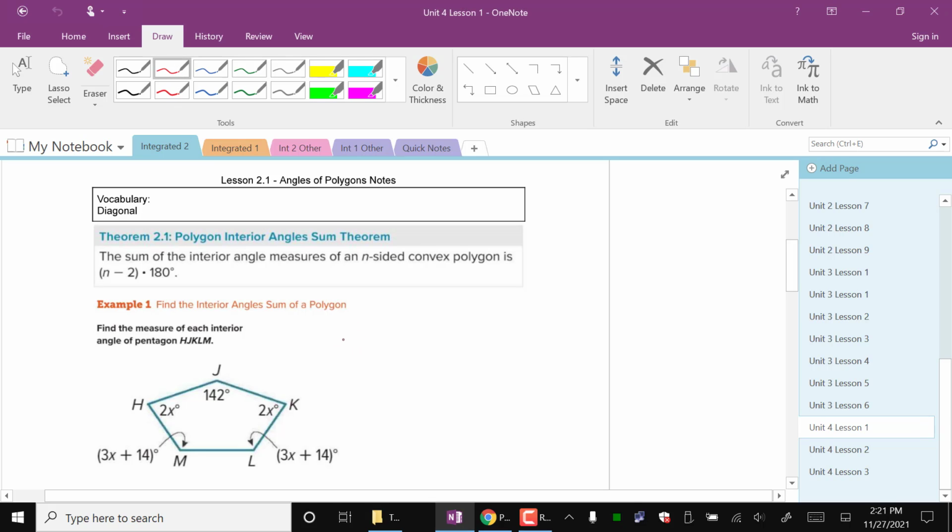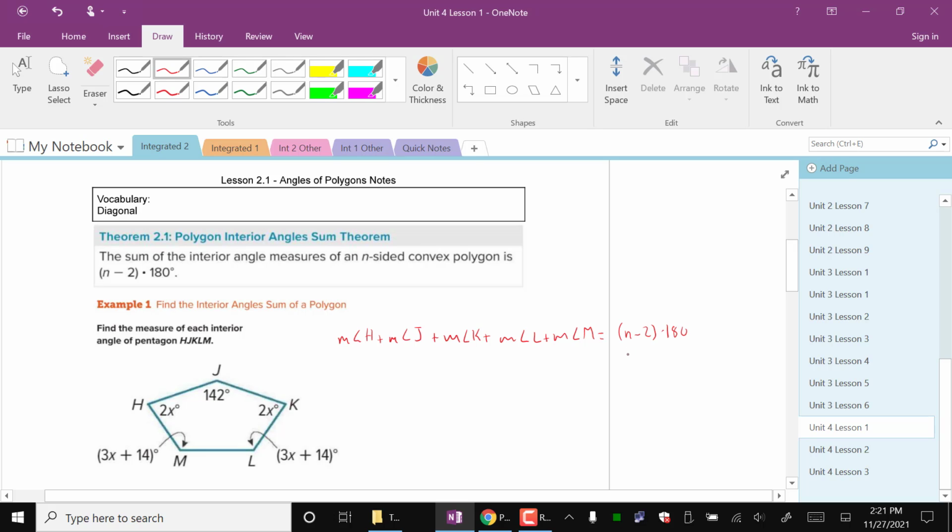So measure of angle H plus measure of angle J plus measure of angle K plus measure of angle L plus measure of angle M will give us that formula, (n - 2) times 180.